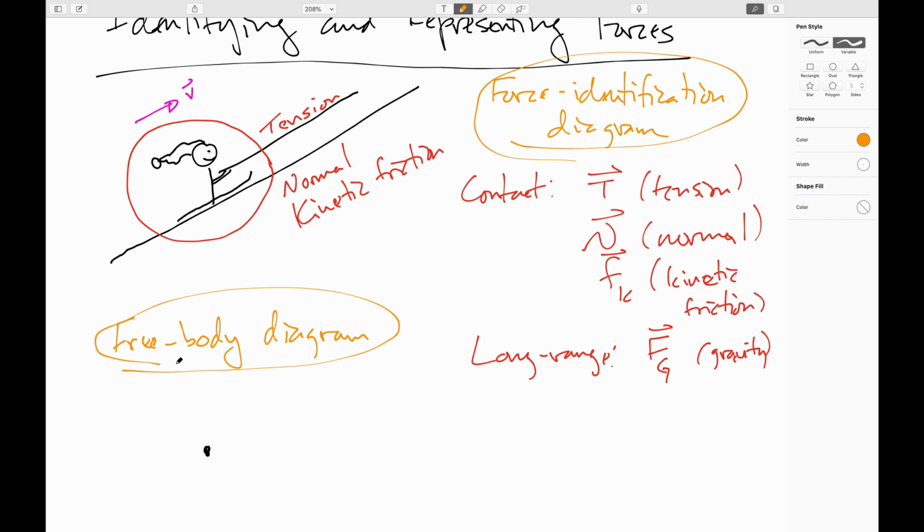So what I've done here is I've just drawn a dot, and this dot represents the center of mass, just like in our motion diagrams. Since we can, for all purposes, treat the object as if it were a dot at its center of mass, we can go ahead and attach our force vectors there.